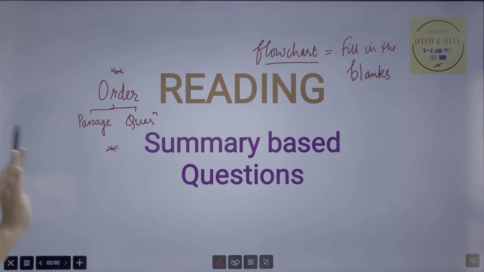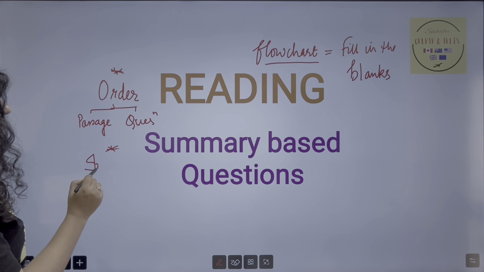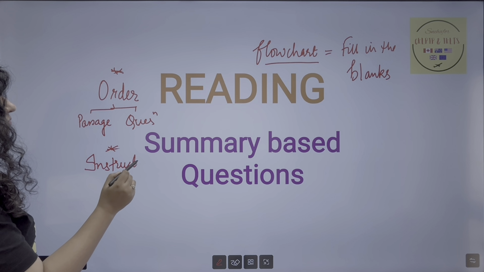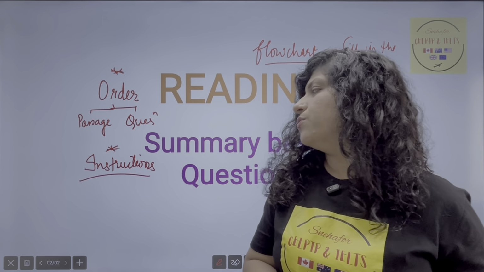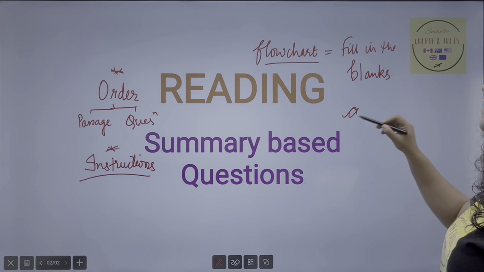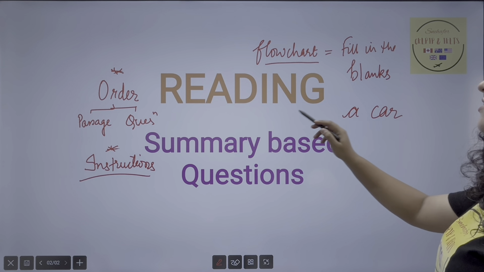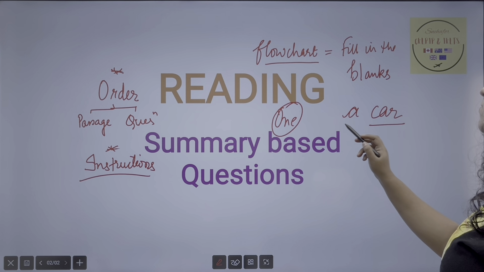The next thing is, in case there are no options given for these summary based questions, you have to very clearly follow the instructions given to you. If the instruction says that you have to write one word only, you cannot write 2 words as your answer. Otherwise, it's going to be marked wrong. Let me give you an example. Let's say your instruction very clearly says that you have to write only one word, and your answer was car, but you wrote a car.